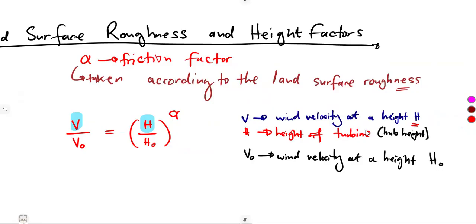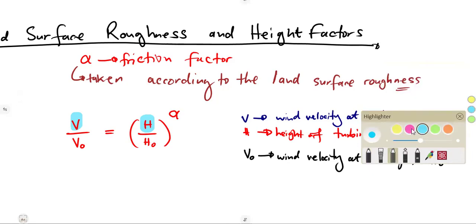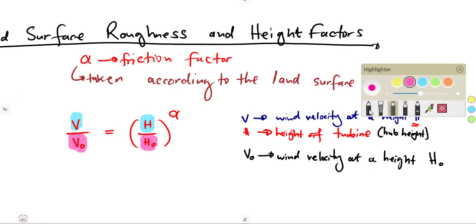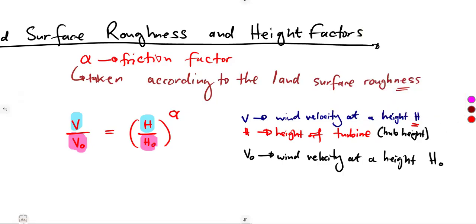So when we have this velocity, we are talking about this height, and H naught is just the normal height above ground level.